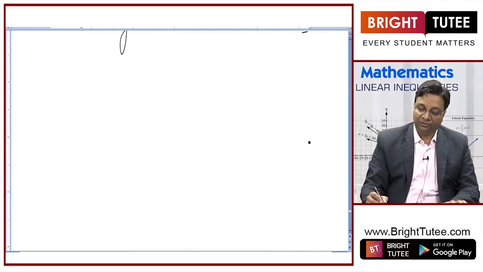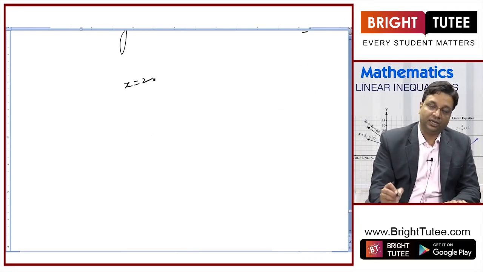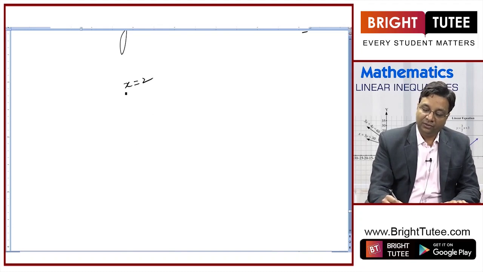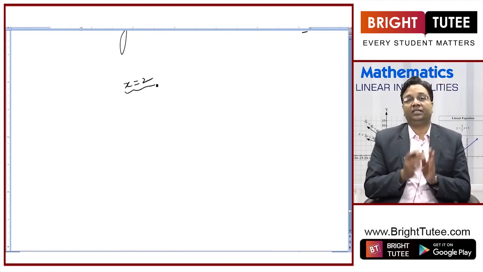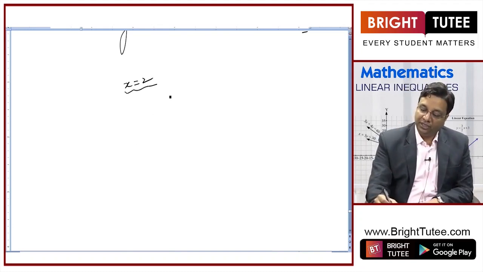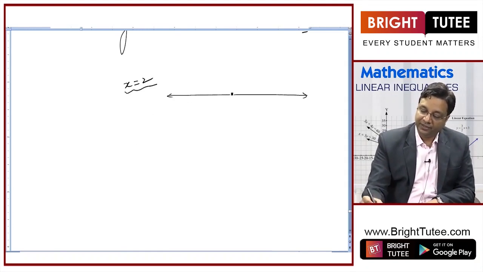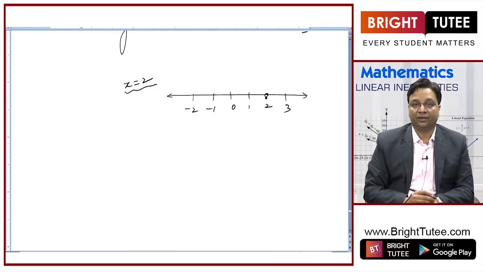So if you are given x equal to 2, and if you look at it from the perspective of a linear equation in one variable, you can find it on the number line: 0, 1, 2, 3, negative 1, negative 2. So this will be the solution when you want to find it on the number line.